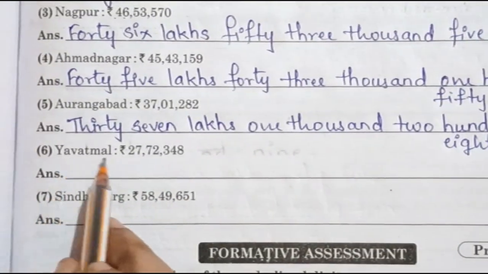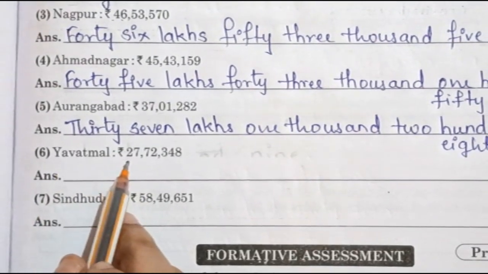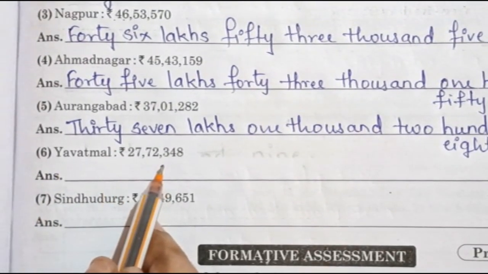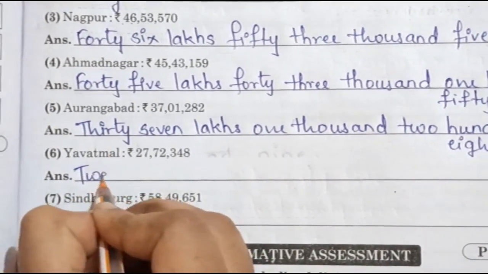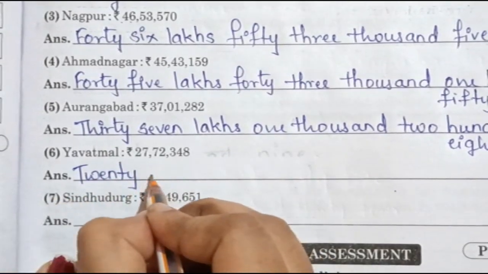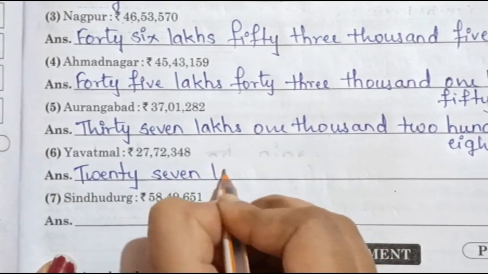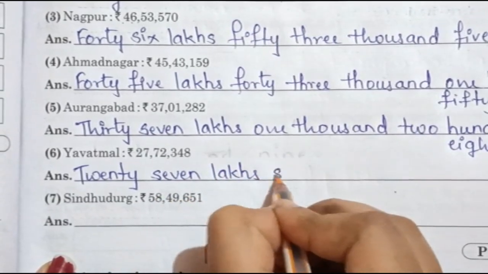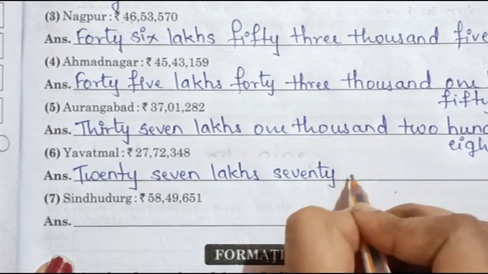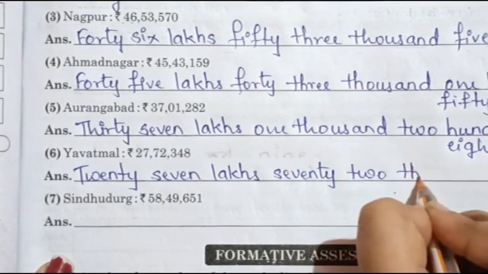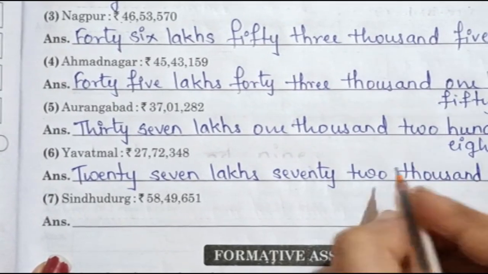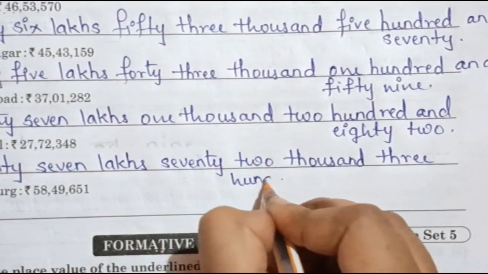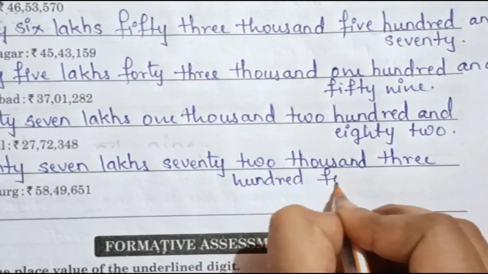Sixth one is Yavatmal. Okay, they have given rupees 27,72,348. So you will write in words, that is 27 lakhs 72,348.